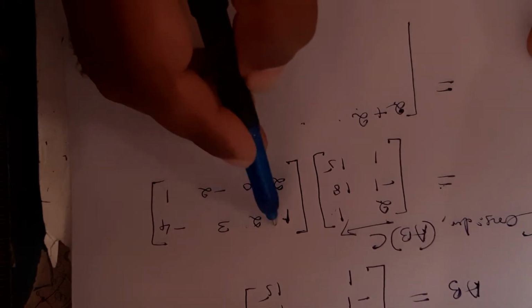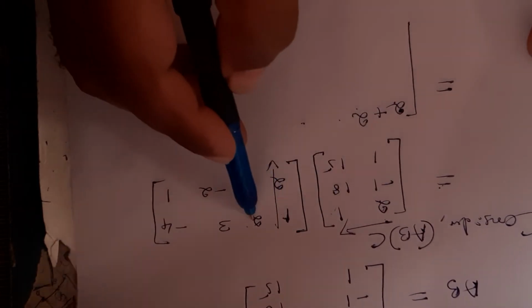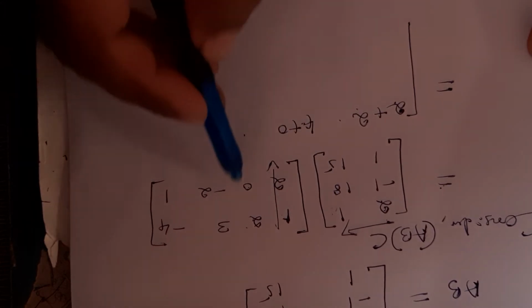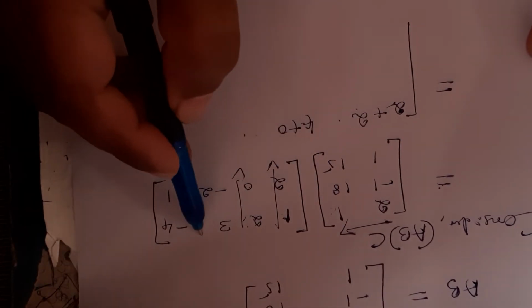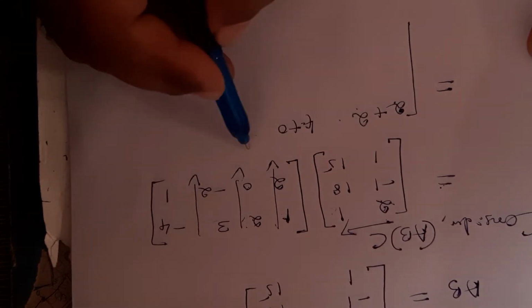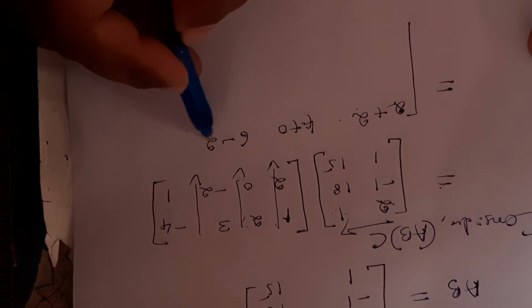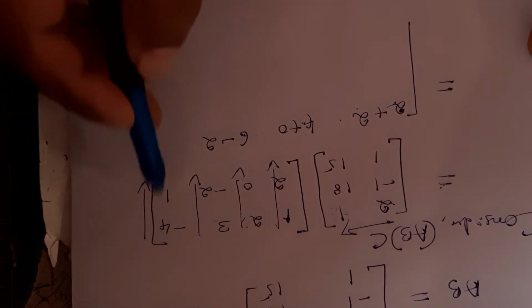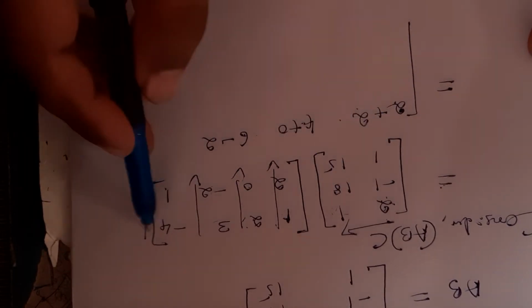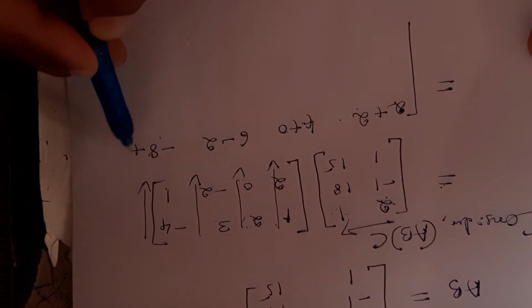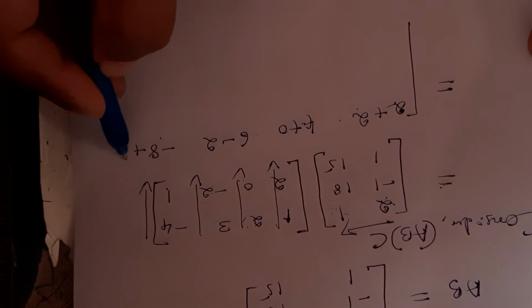Now I consider 2 into 2, that is 4, then 1 into 0 is 0. Next consider the third column: 2 into 3 is 6, then minus 2 into 1 is minus 2. Then the last column is minus 4 and 1. So 2 into minus 4 is minus 8, plus 1 into 1, so I can write 1.